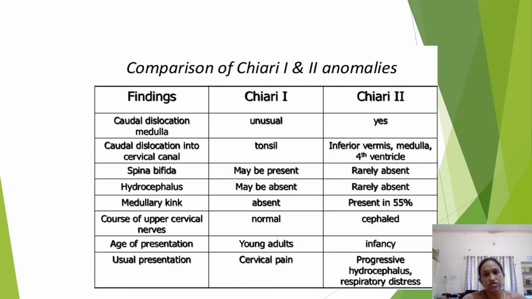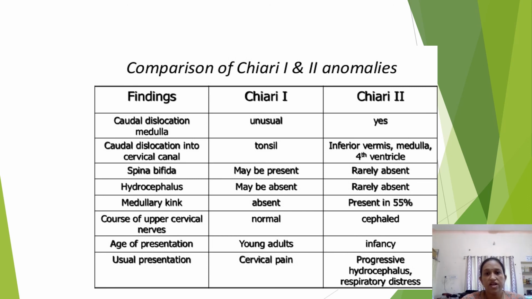A word about the difference between the Chiari type 1 and 2 anomalies. Caudal dislocation of medulla is unusual in type 1 malformation, but it is there in type 2. In type 1, caudal dislocation into the cervical canal occurs of the tonsil, and here it is a larger portion of the brain, that is inferior vermis, medulla and fourth ventricle.